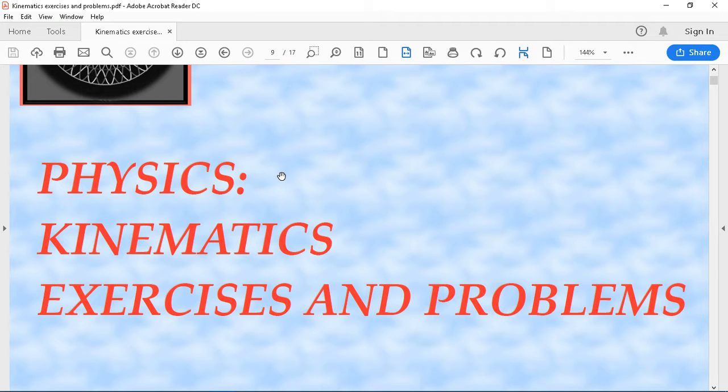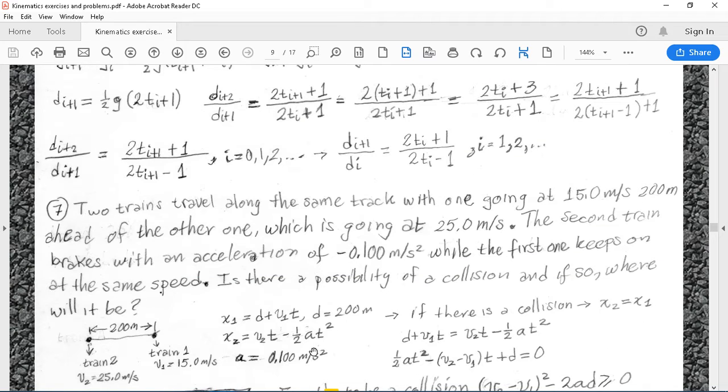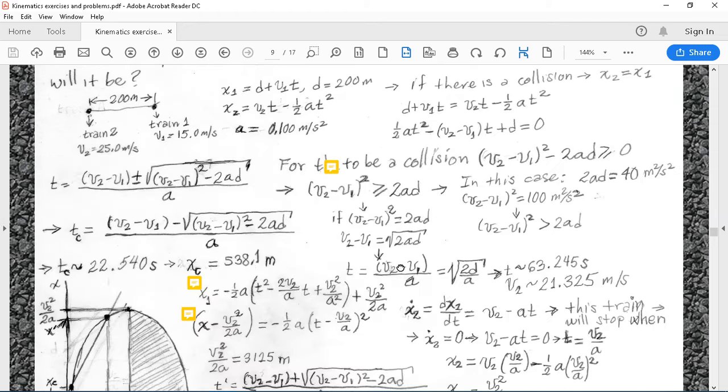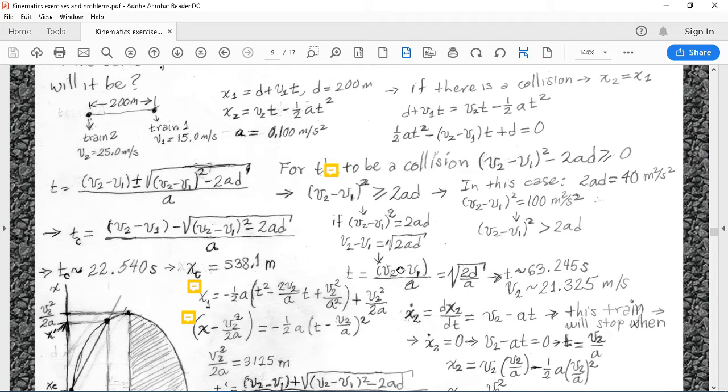Before continuing to problem 8, there's something in problem 7 that I want to go back to. Here I went through this too hastily. Here we have the condition in which the term within the radical was 0.